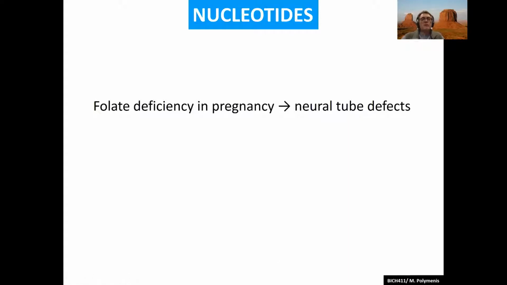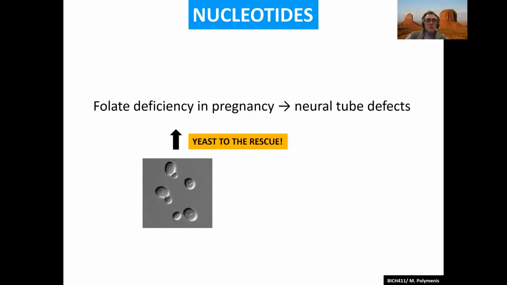Now, folate deficiency in pregnancy is a big problem, because the developing fetus will be unable to achieve proper neural tube closure, so you have all kinds of developmental problems.